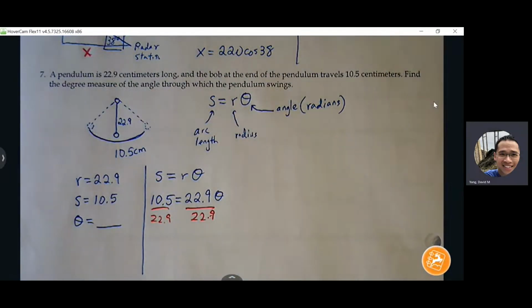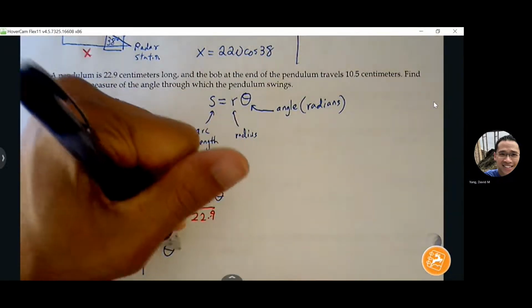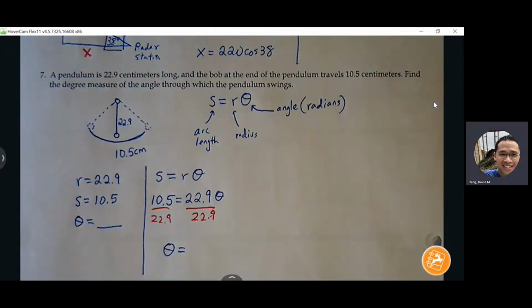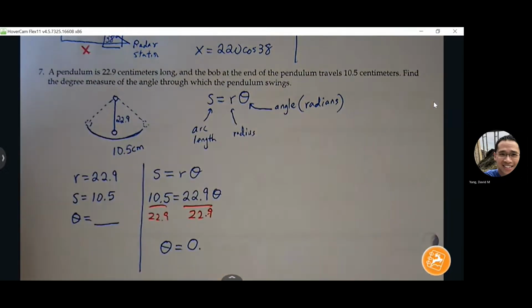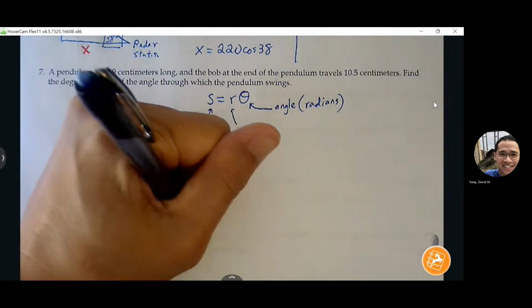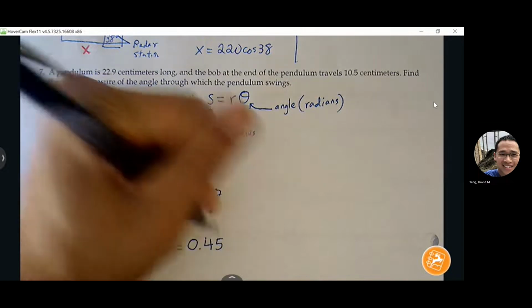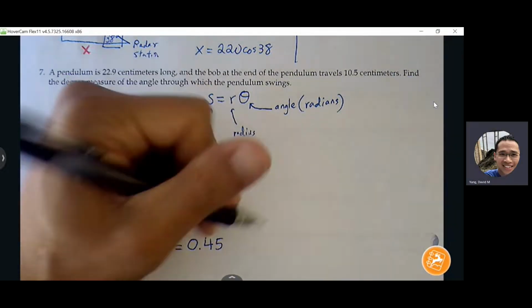Use your calculator. Theta equals... let's say we round to 3 decimal places. What do we get? Yeah, either 0.458 or 0.459.